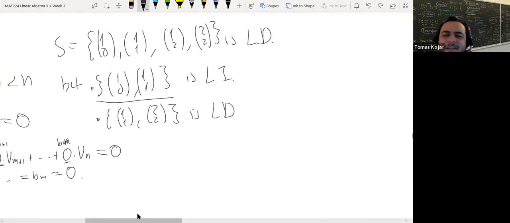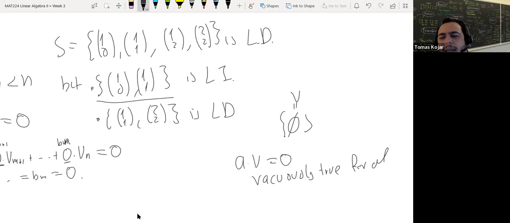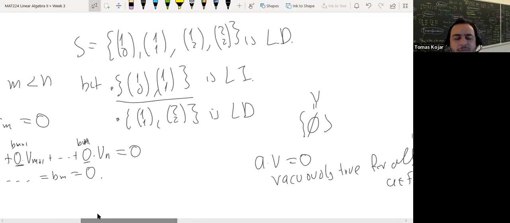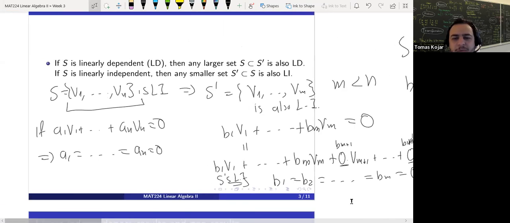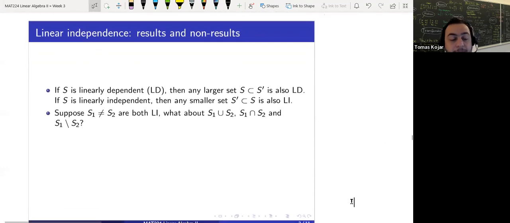So the reason is sort of trivially true, right? Because take this to be V, then you have AV equals 0, but this is vacuously true for all A, not necessarily 0. So I don't know. I wouldn't worry about it too much. We wouldn't put something like this. It will confuse people. Okay.